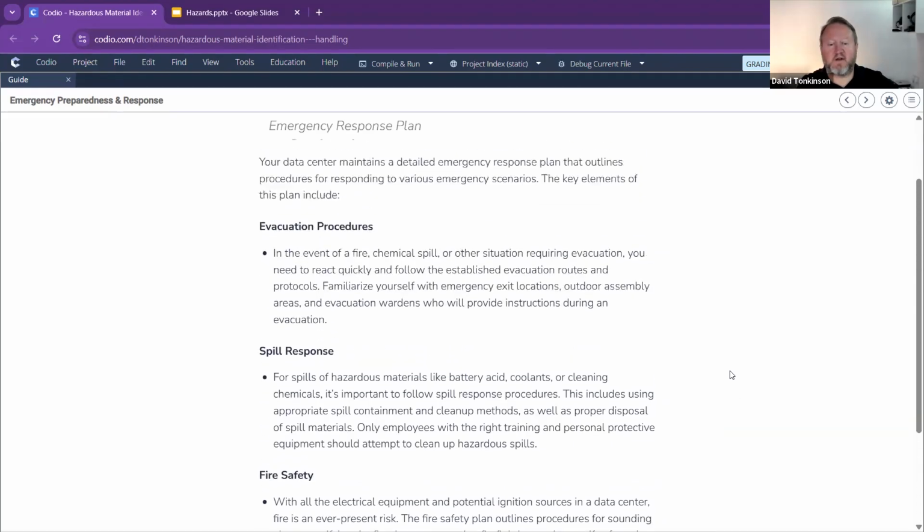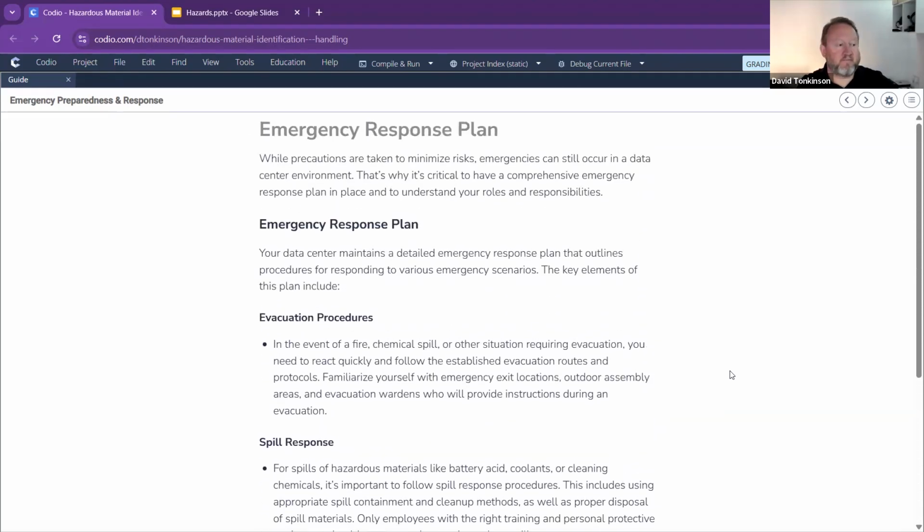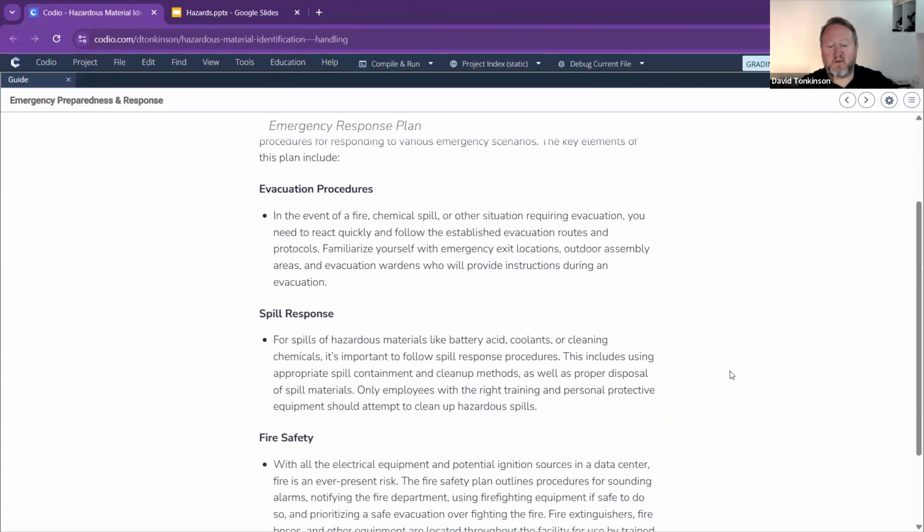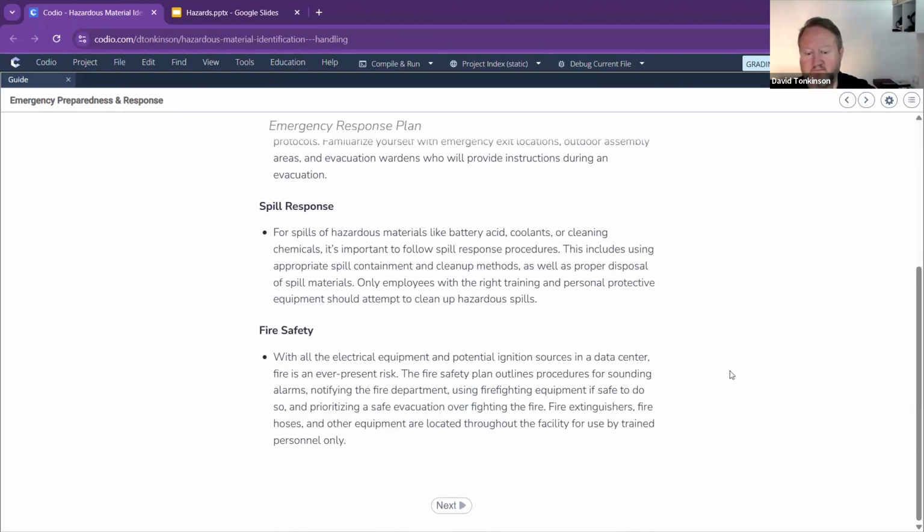Okay, so that basically covers an emergency response plan. Any questions for people on the emergency response plan? See Victor type in there.